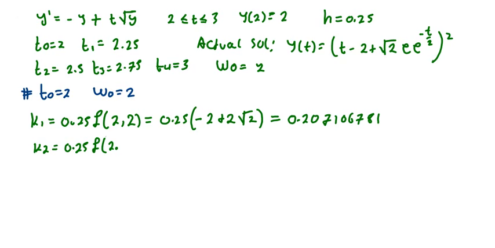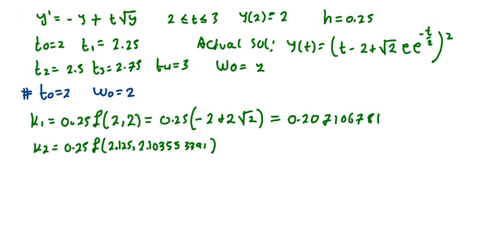So you have 2.125, comma, this part, remember, is like wi plus k1 over 2. When you compute that, you're going to end up with 2.10355391, like that. Okay, so that's what we have.